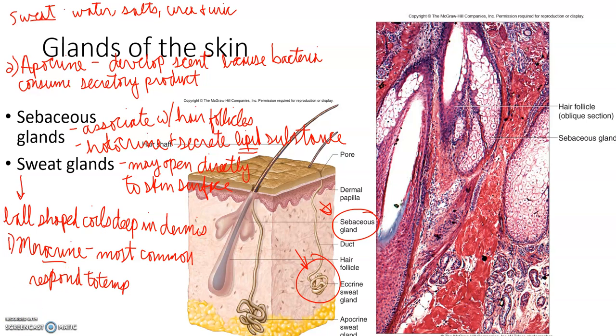Another gland to talk about that I didn't put on the bullet-pointed part of the slide is what's called a ceruminous gland. These are the glands in your ears, in the canal of your ears, that make earwax.